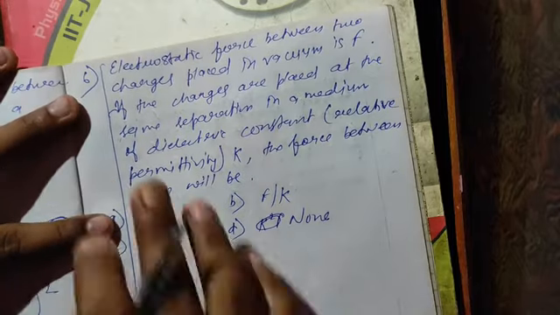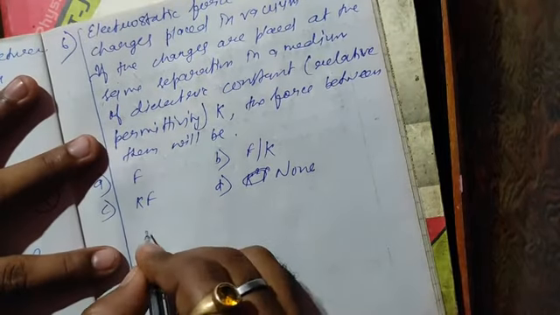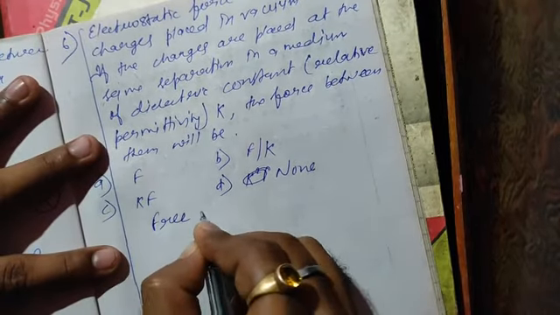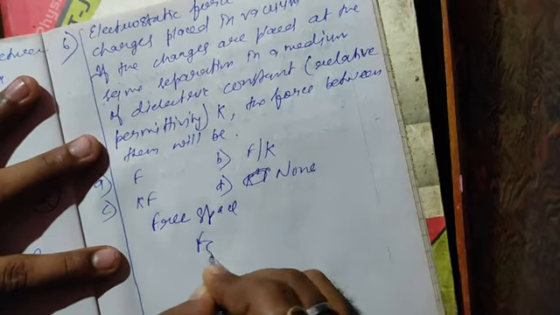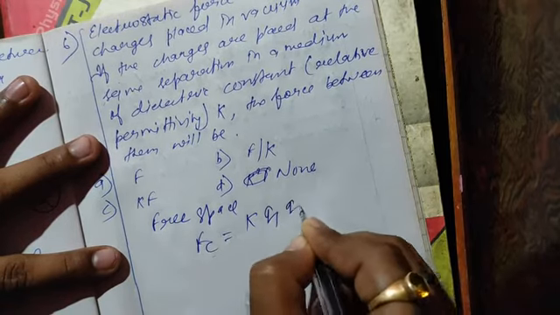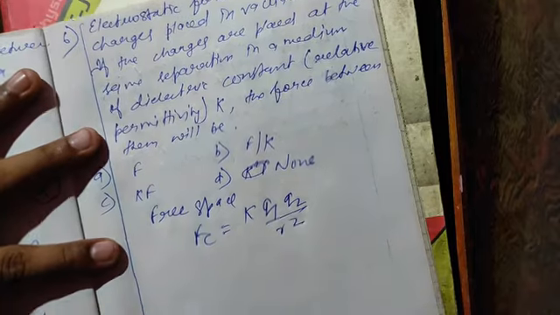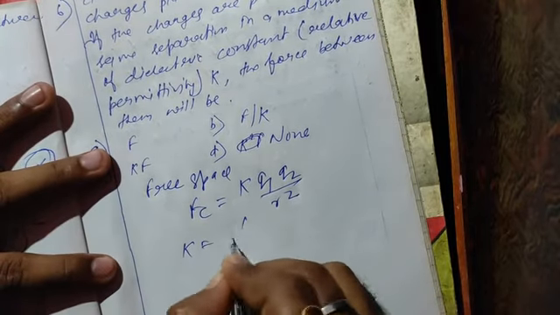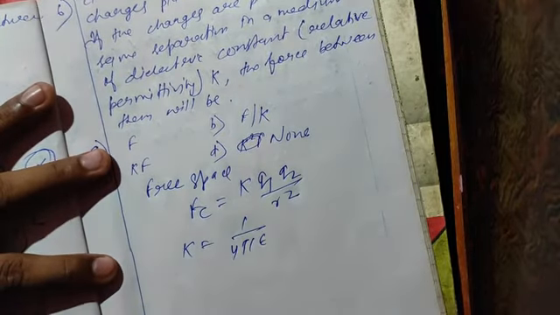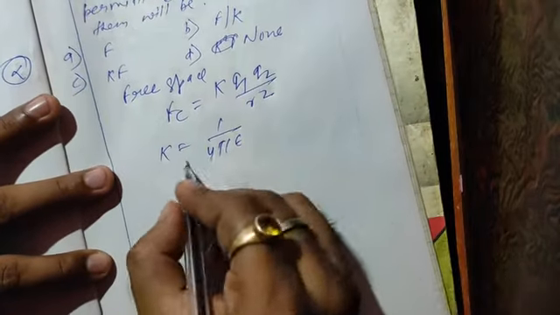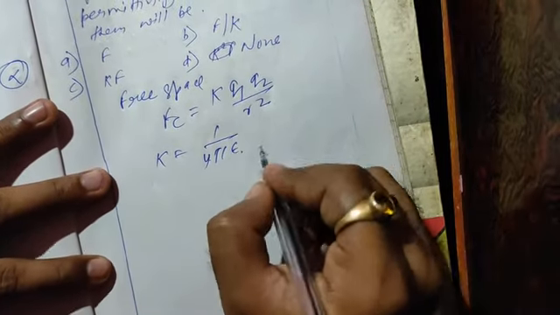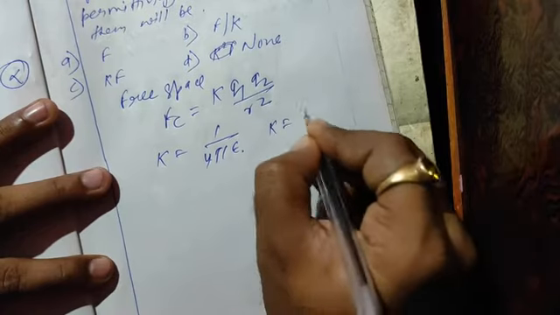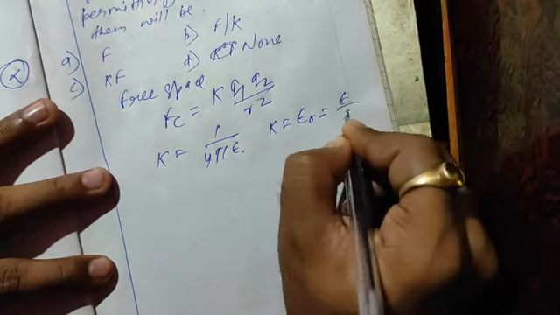First, in free space, from Coulomb's law, F = K Q1 Q2 / R², and here K is equal to 1 / 4 pi epsilon. It is also said that epsilon R is equal to epsilon by epsilon naught.